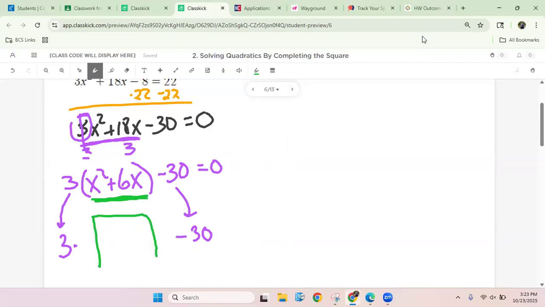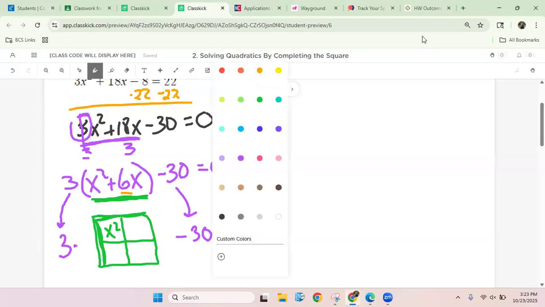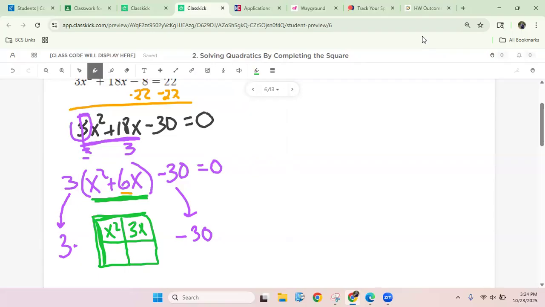When we make this into a square, the sides are the same. So I'm going to take that x squared here, and to make the sides the same, I'm going to work at this diagonal. I'm going to take that 6x and divide it into two pieces that are exactly the same, so I'm going to divide it by 2.